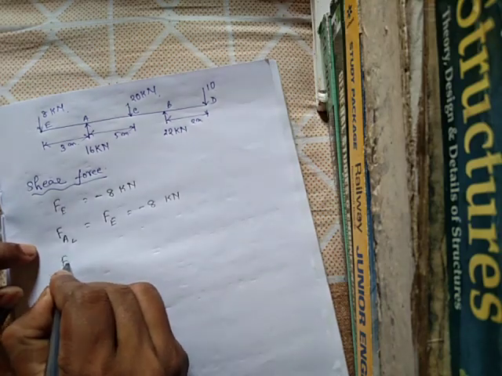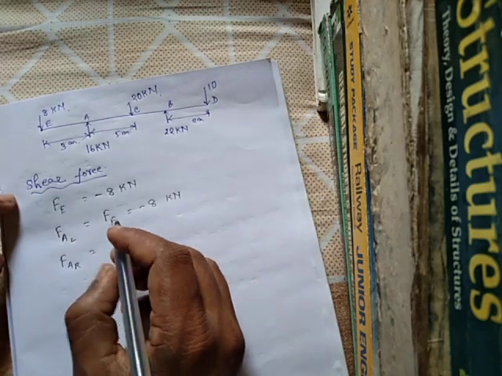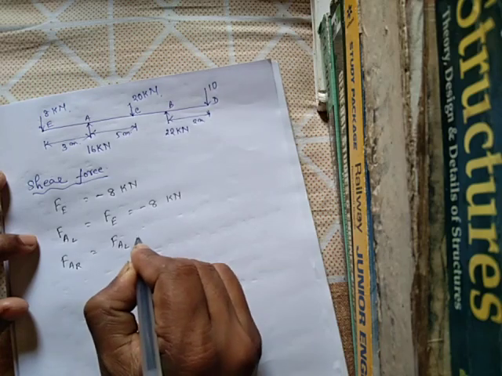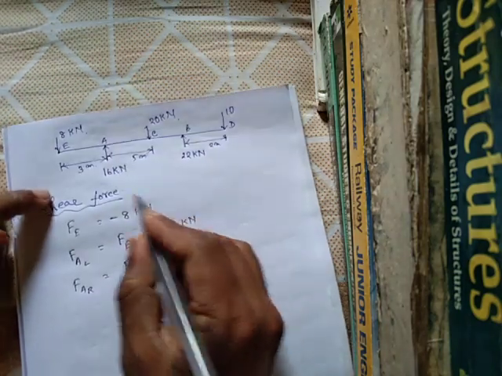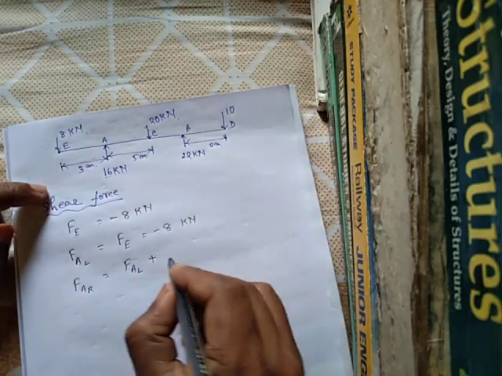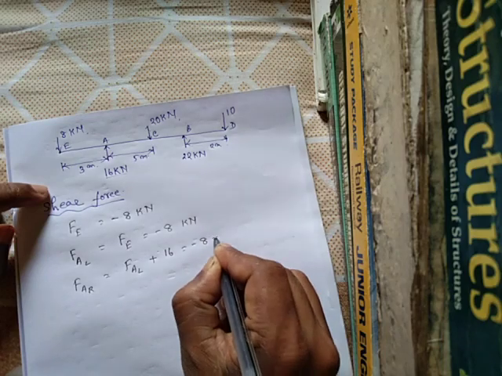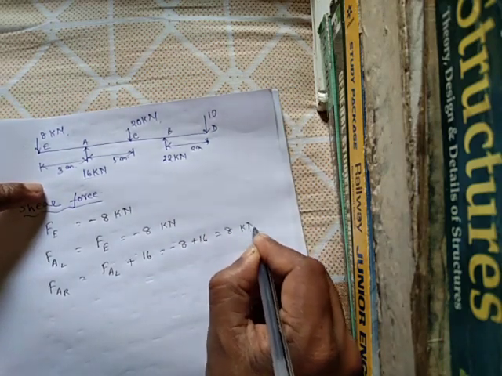The shear force at point A just to the right will be the shear force just to the left plus the upward reaction force of 16 kilonewton, that is minus 8 plus 16, which equals 8 kilonewton.